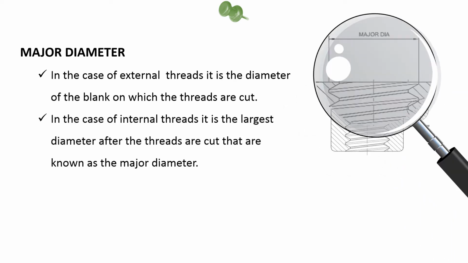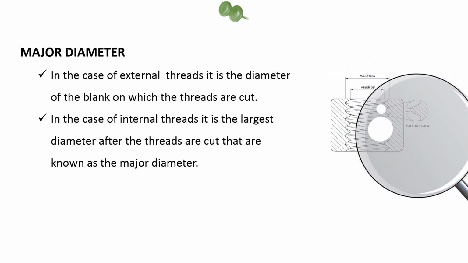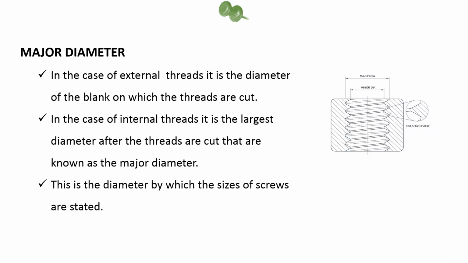In the case of internal threads, it is the largest diameter after the threads are cut that is known as the major diameter. This is the diameter by which the sizes of screws are stated.